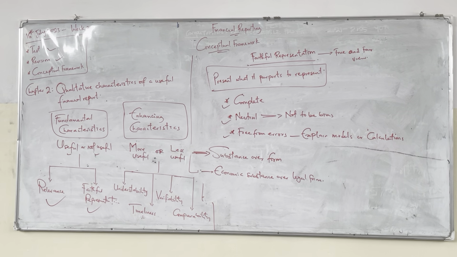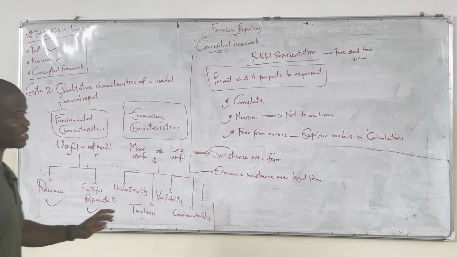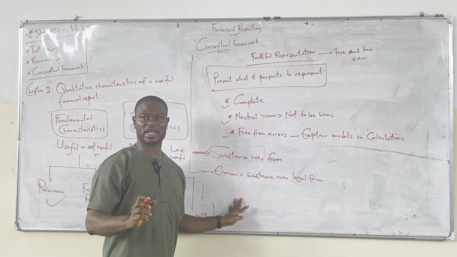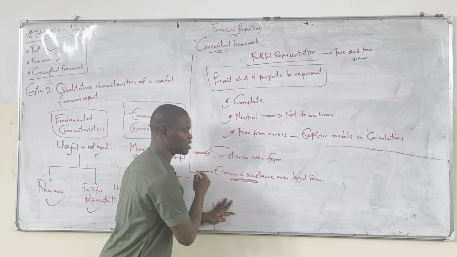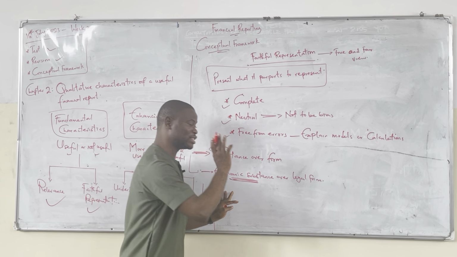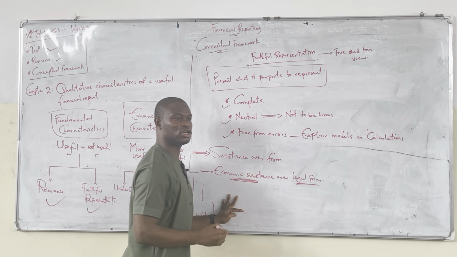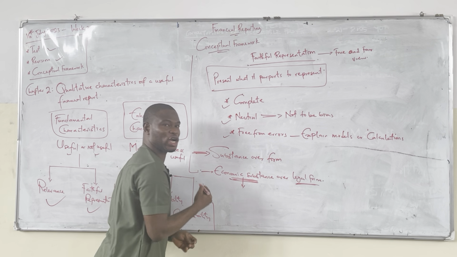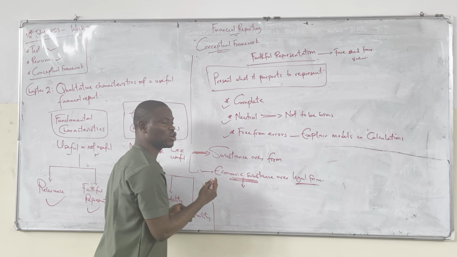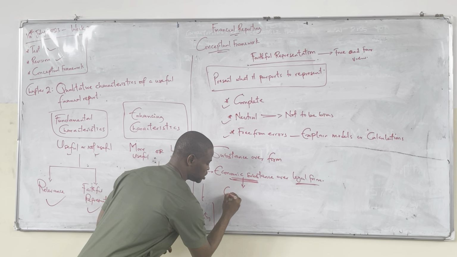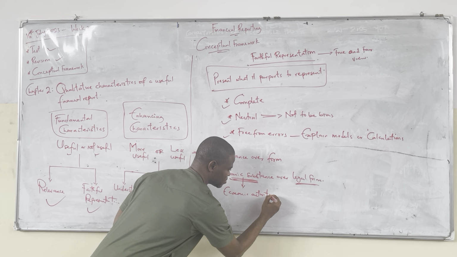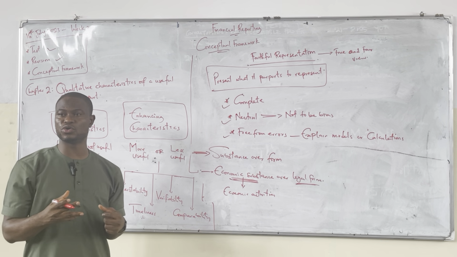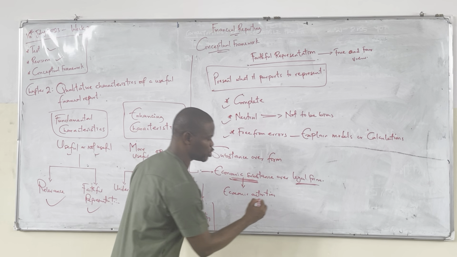Economic substance over legal form. What this is saying is: when we are preparing accounts, you prepare them in accordance with the what? Economic substance, and not the what? The legal form. And when we say economic substance, it means that what you should report is your economic what? Activities.